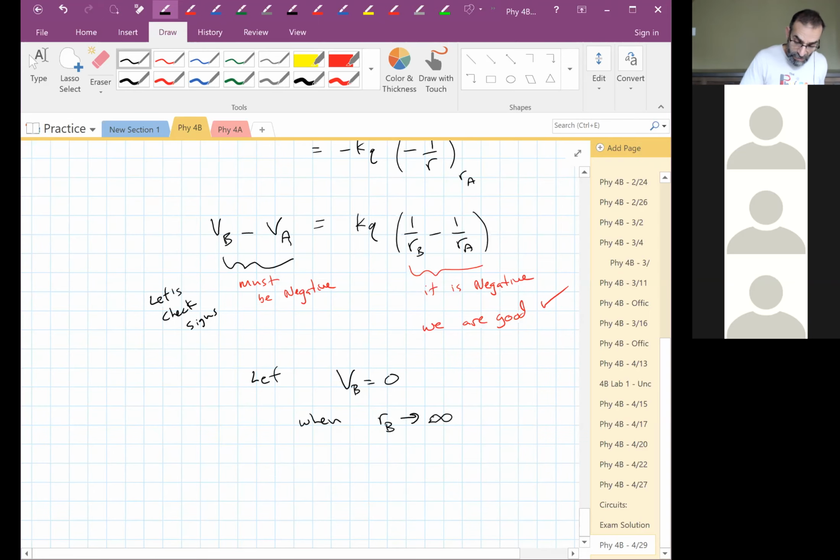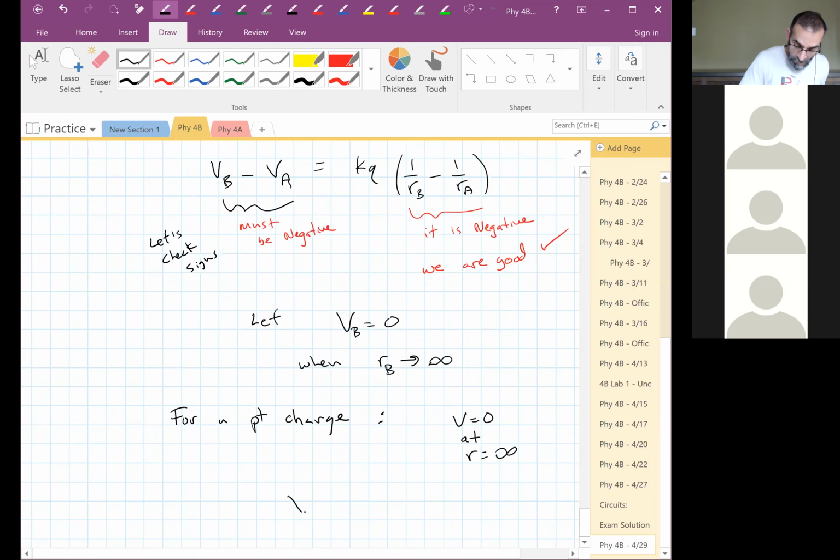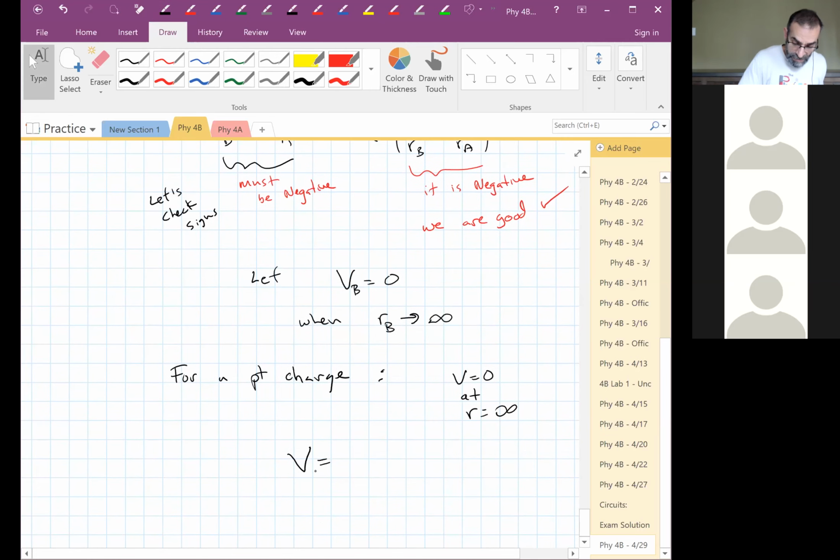So if we can all agree that 0 potential is at infinity for point charges, then this equation just becomes V. We don't need delta V anymore.